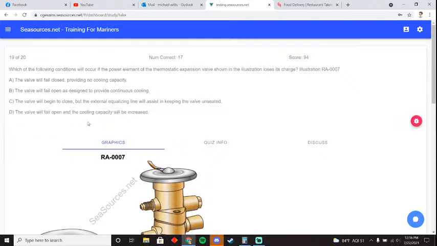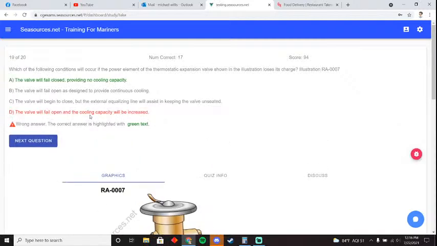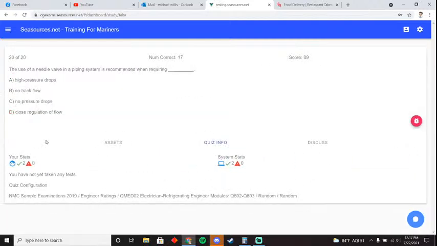It's going to fail open and the cooling... Oh, I got that wrong. It will fail closed and provide no cooling capacity.